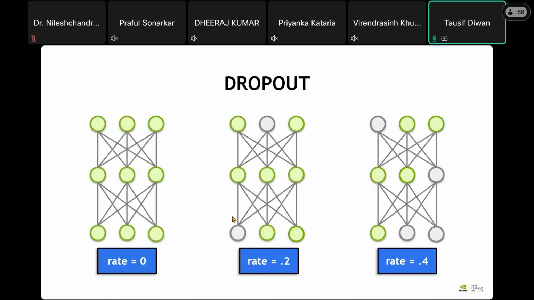If the dropout rate is equal to 0.2, it means 20% of all the neurons are shut down. We will not consider those neurons in the forward and backward pass. Those parameters are not getting updated, and those neurons are not taking part in the learning process. If the rate is equal to 0, all the neurons are working. If the rate is equal to 0.4, 40% of the neurons are not working.